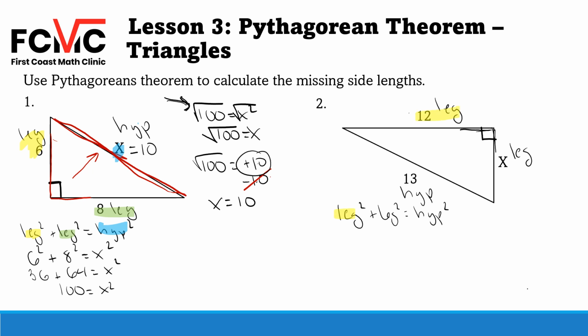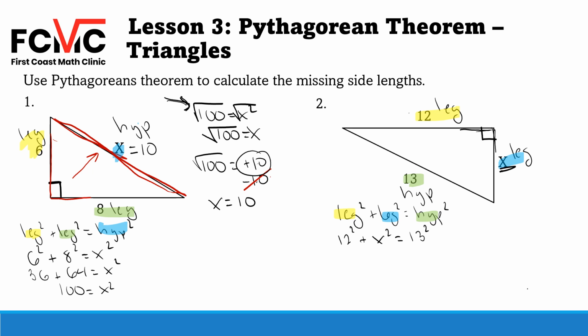Substituting our values in, we'll do 12 squared plus x squared equals 13 squared.